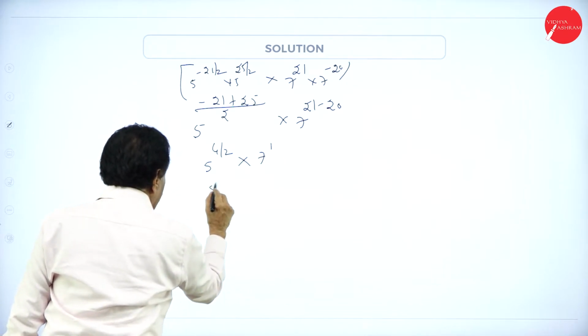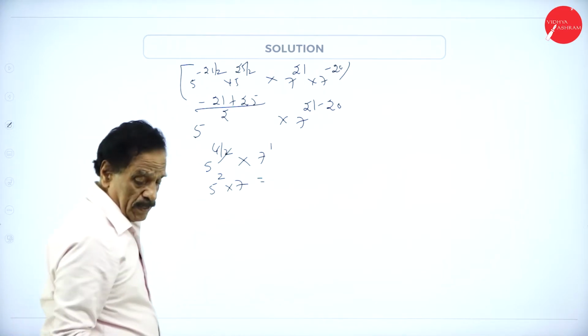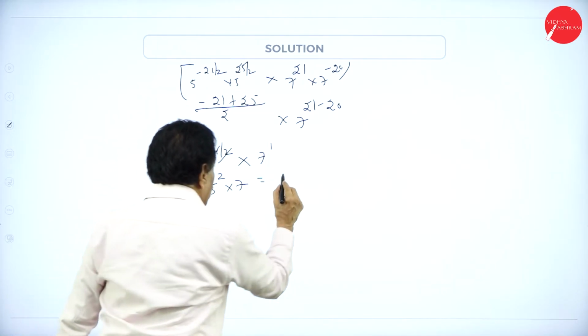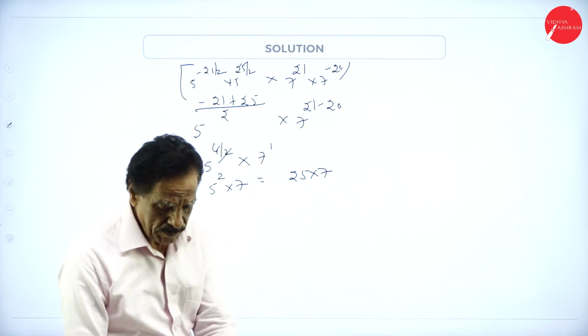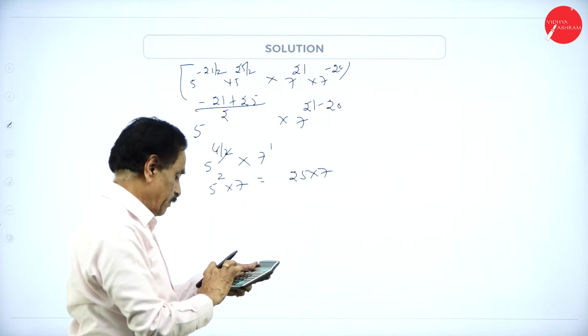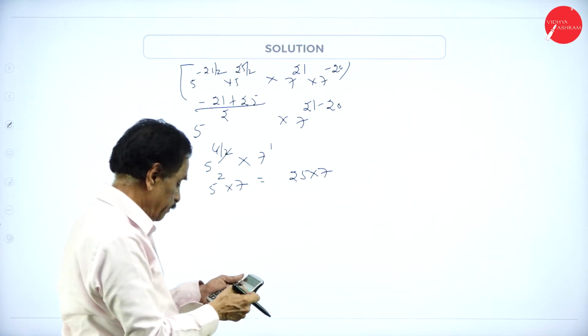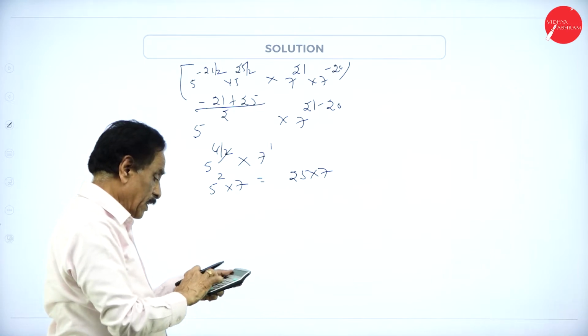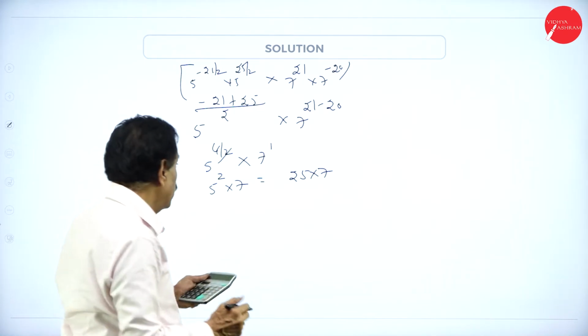This is 5 squared into 7. This is 25 into 7, which is 175.